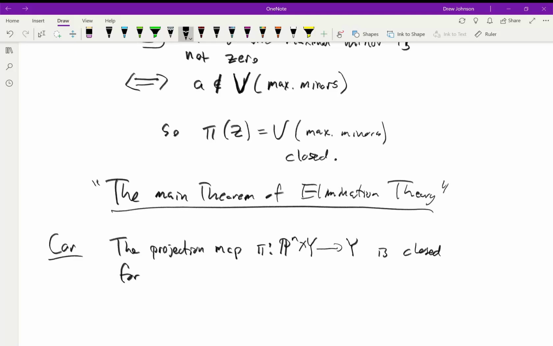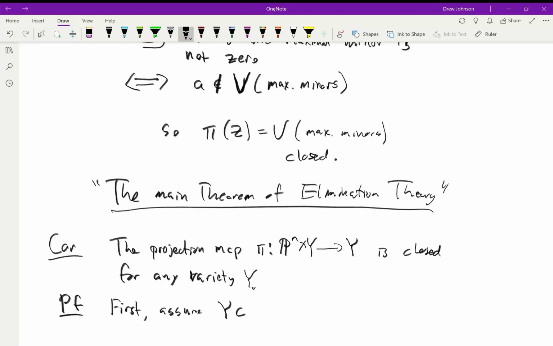We'll get to that in a minute. All right, so let's do the proof. First, let's do the case where Y is affine.